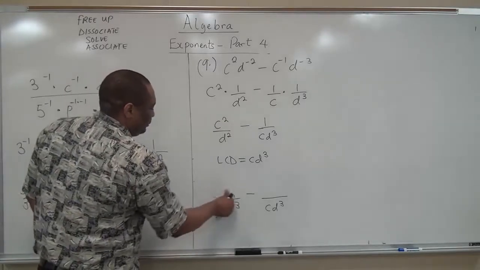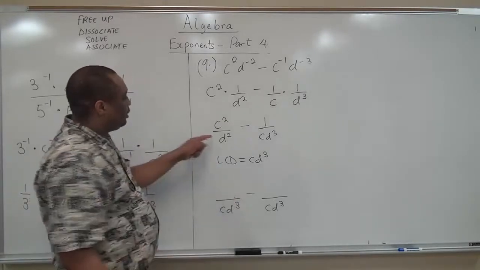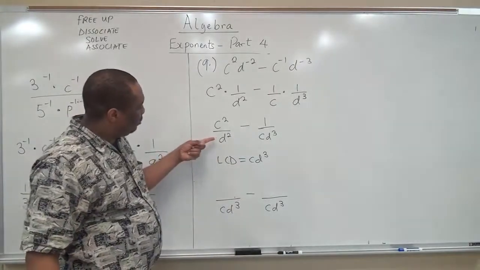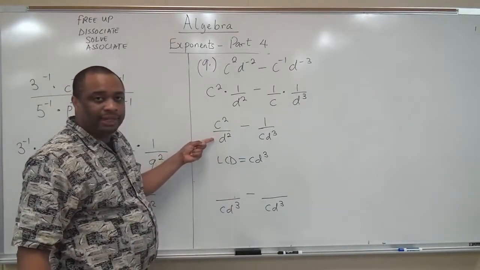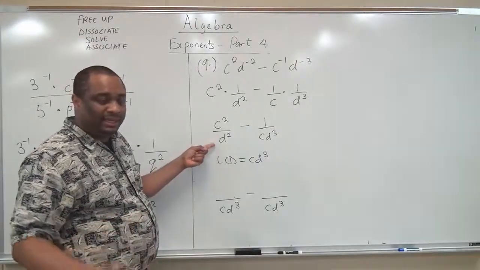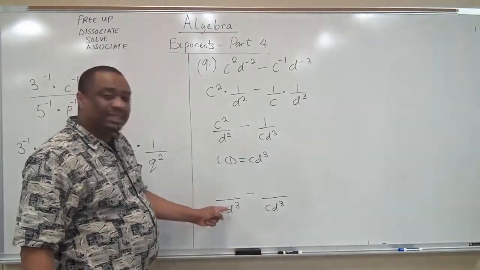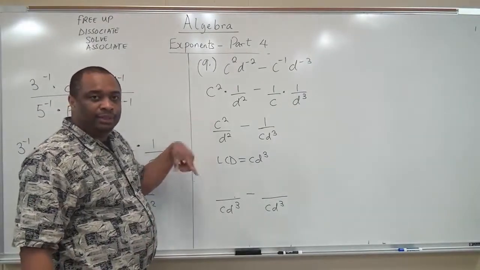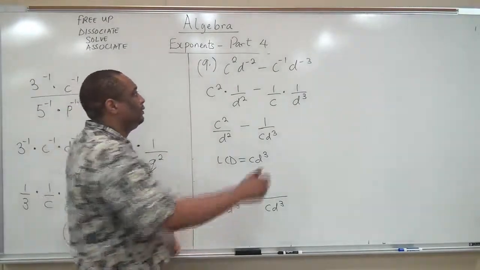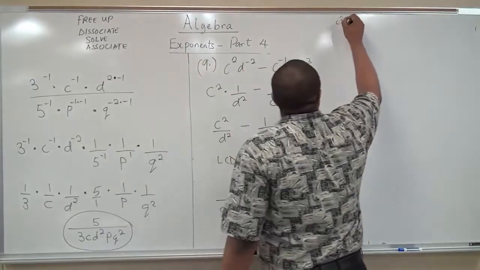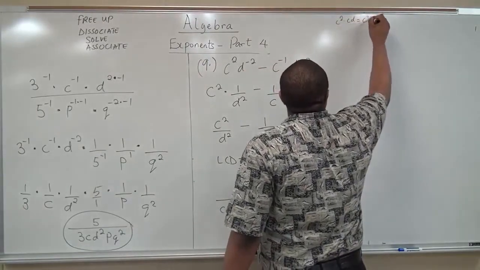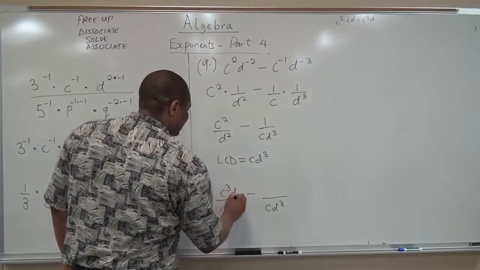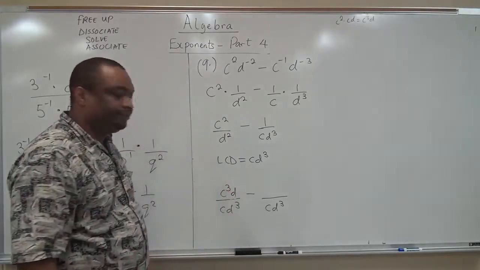Because the LCD is cd cubed, what you multiply the denominator d squared by is cd, it gives you cd cubed. So you do the same thing to the numerator, c squared times cd, gives us c cubed d. That's the equivalent fraction of that.